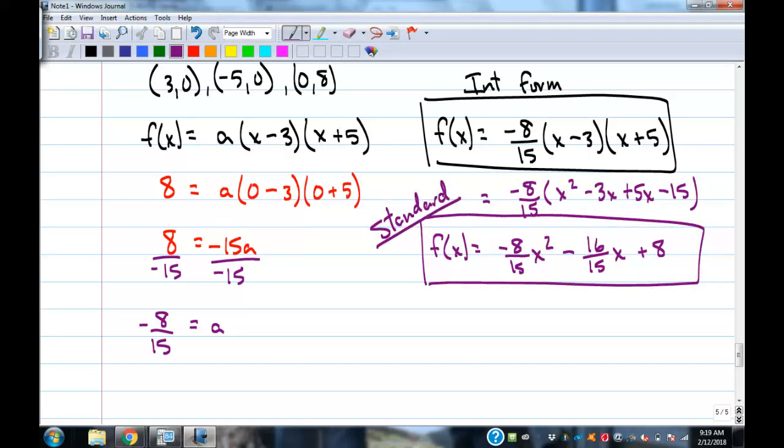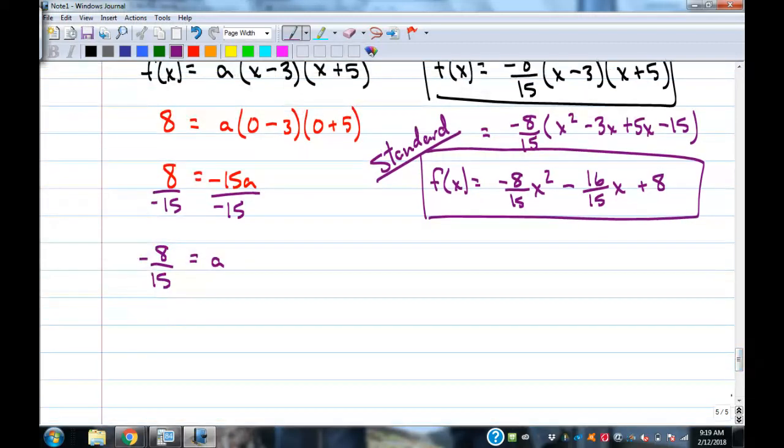Well, that's wonderful, but we got one more form to go with. We got vertex form. So what do we need to find before we can write it in vertex form? The vertex. We got a formula that helps us find the vertex, right? You could do completing the square here if you feel like you've got that in your toolbox.